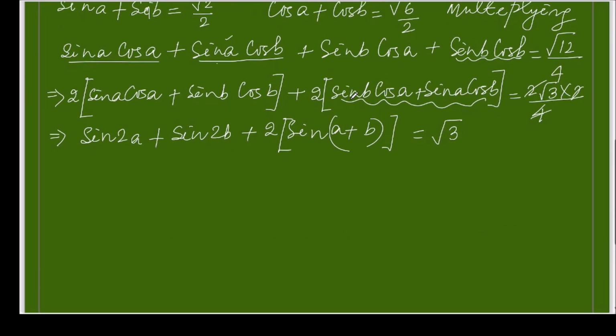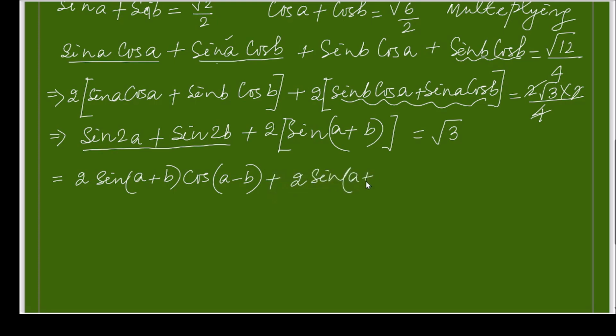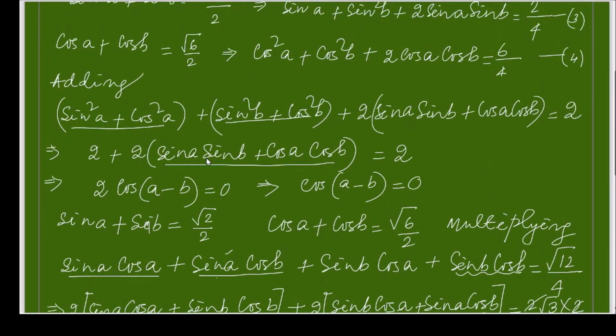Next, what to do? Next, I'll again put the formula for this. By the sum and product formula, this will be 2 sine (A plus B) multiplied by cos (A minus B) plus 2 sine (A plus B) square root 3. Now you know the result because we have already got cos (A minus B) is equal to 0.